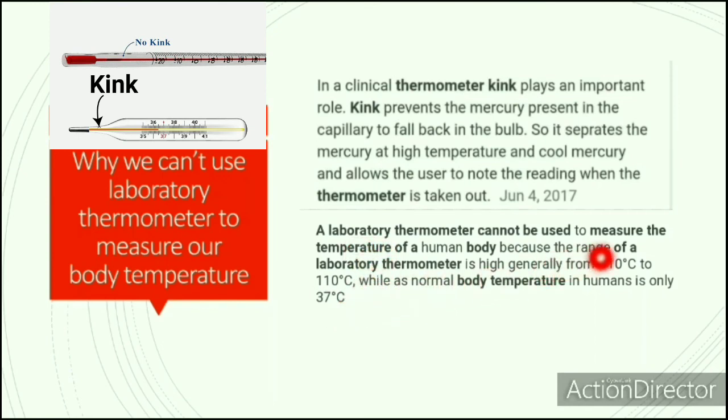Whereas due to the lack of a kink, the mercury will fall into the bulb as soon as we take the laboratory thermometer out of our body. That is why we can't use it. And another point is, a laboratory thermometer generally ranges between -10 degrees and 110 degrees Celsius, while the normal body temperature in humans is only 37 degrees. That is why we cannot use it to measure our body's temperature.